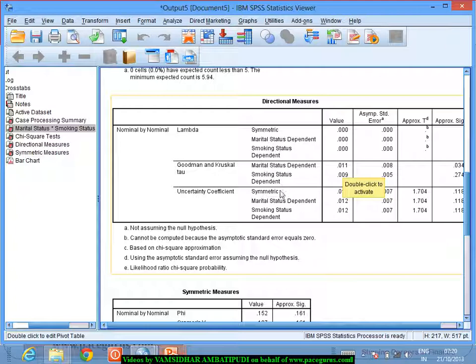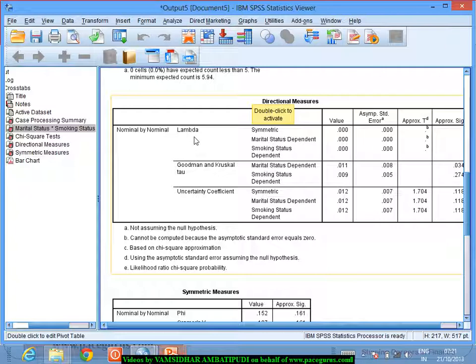That is the depth of the relationship that is existing between the two. It's not the other way. By knowing the smoking status, I may not determine the marital status, but by knowing the marital status, I may be able to determine the smoking status. That will be talked about by the directional measures.